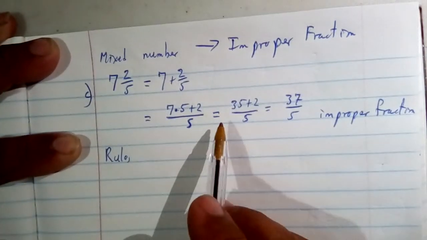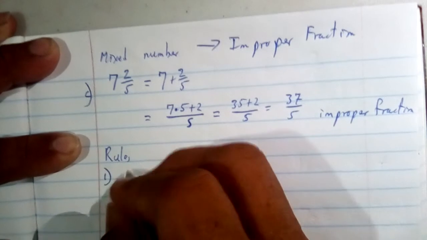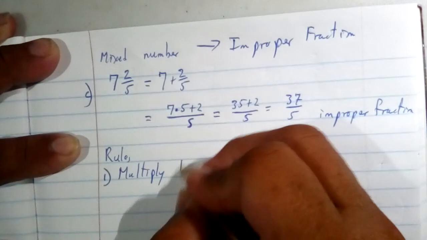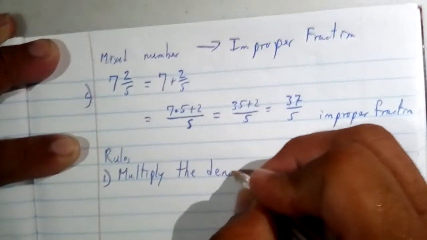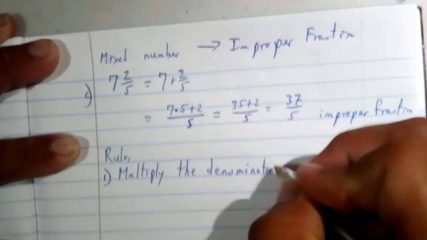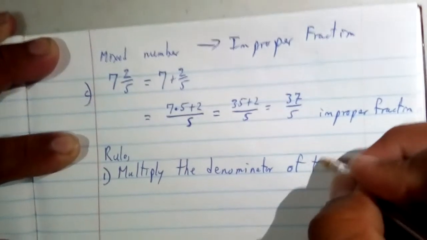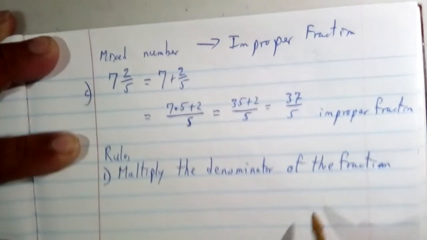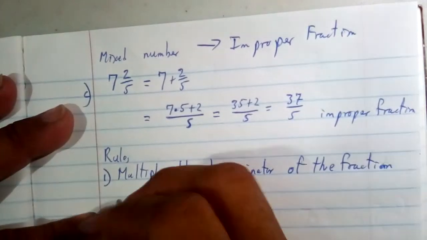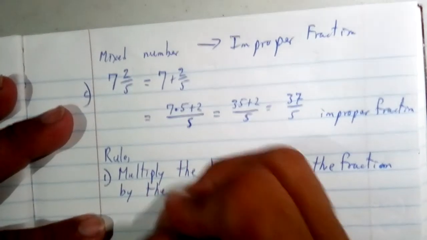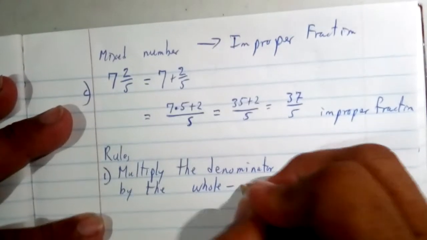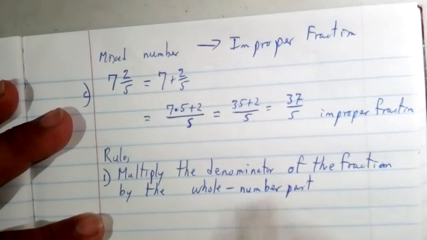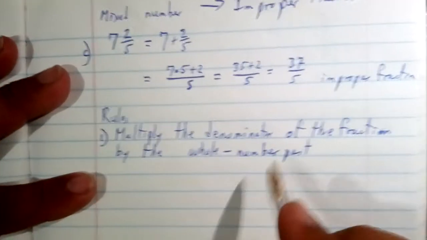To write a mixed number as an improper fraction, 1, multiply the denominator of the fraction by the whole number part, and you already know what's a whole number part in a mixed number.